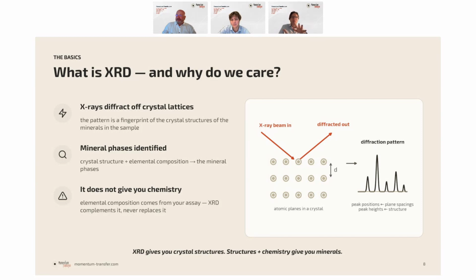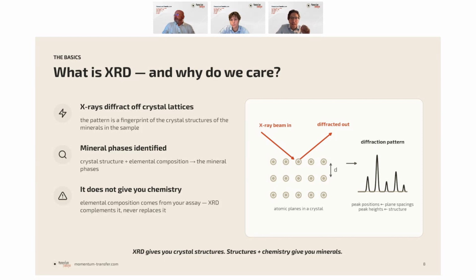Because each mineral, of course, has its own crystal structure. These lattice planes, which define the position of your peaks, are very characteristic for each different crystal and each different mineral. And the electron density, which defines each plane, depends on the elements in there, and they go into the intensity of your peaks.